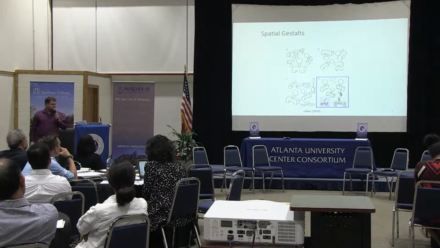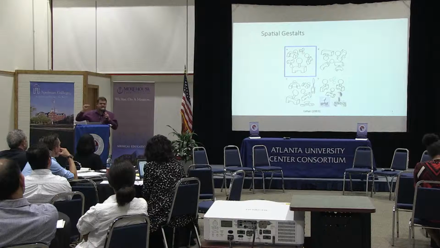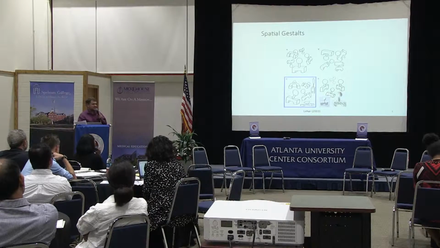How many people think that everything in category A forms a Gestalt, forms a mental category? Okay, one person, great. Two people. What about category B? Okay. Nobody? Great, that's good. C, do we still think that's the same thing we saw on the last slide?